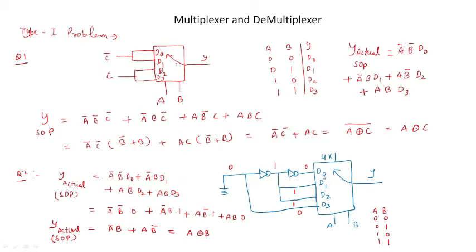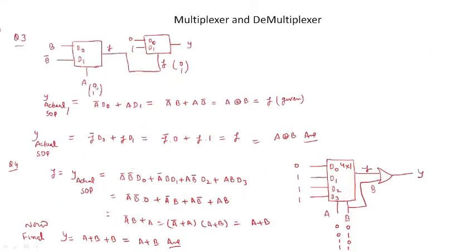Now we will put in the values of D0, D1, D2 and D3. When we do, we find that the actual output is A bar B plus A B bar, which is A exclusive OR B.